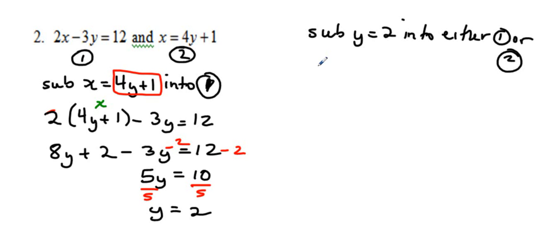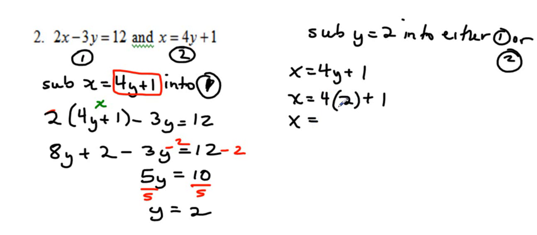So I'm going to pick 2. So x equals 4y plus 1, and x equals 4 times y, which I know is 2, plus 1. So x is 4 times 2, which is 8, plus 1, and x is 9.